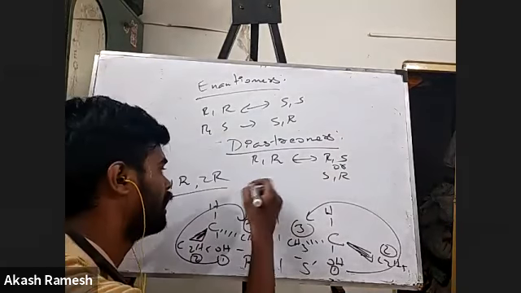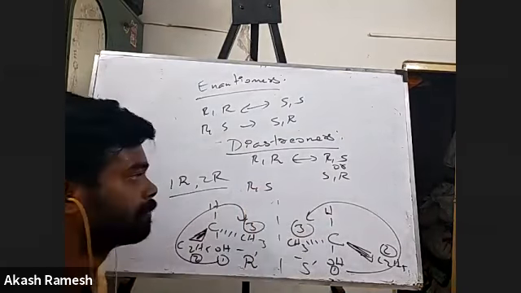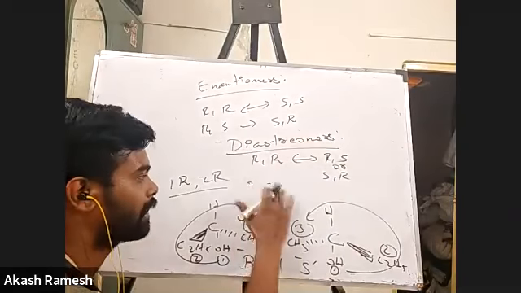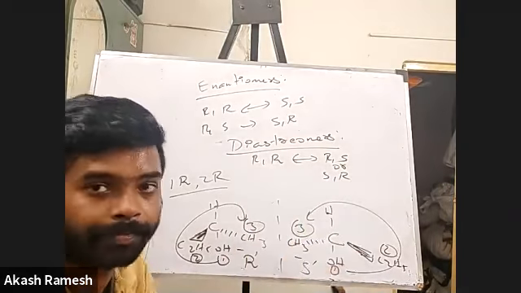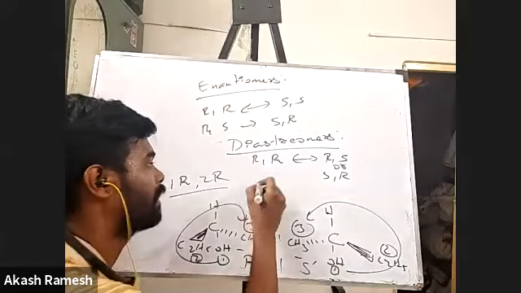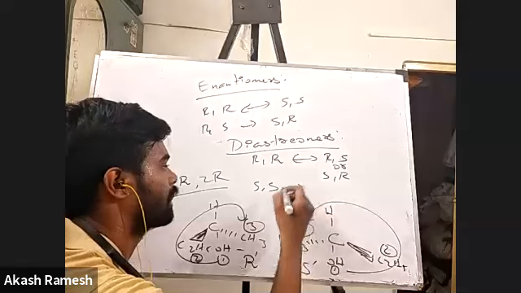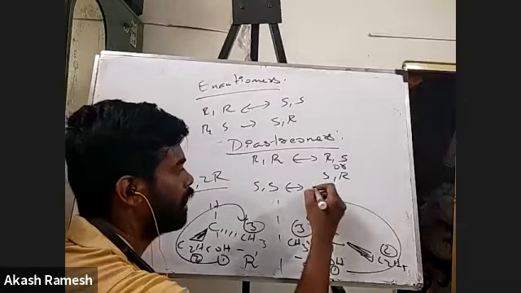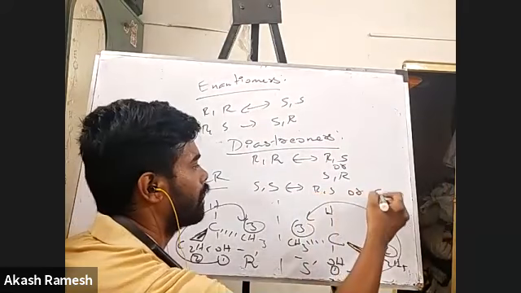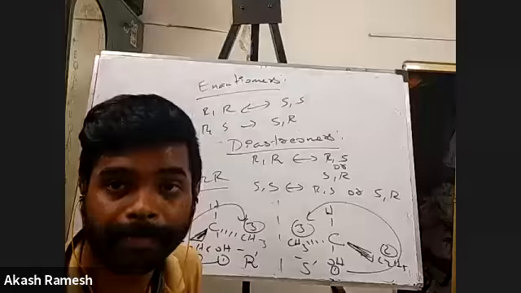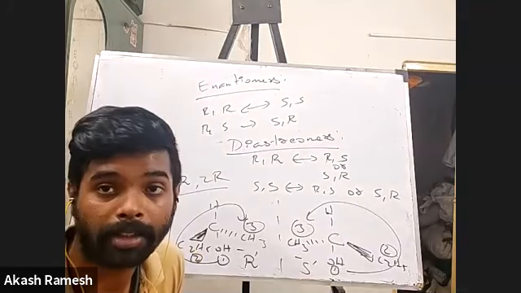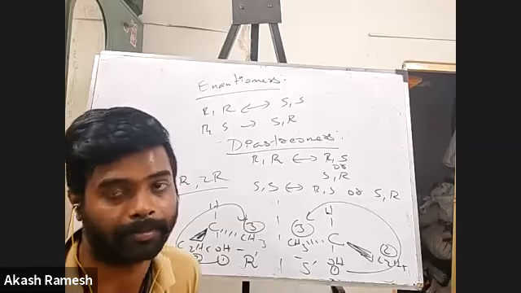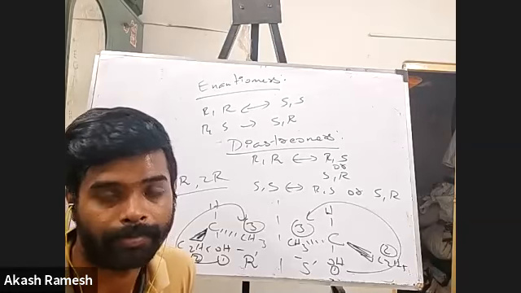Say if you have S comma S, for example, it can again be R comma S, or I can have S comma R. One of the chiral centers is different, the other chiral center is the same. That is my diastereomer.